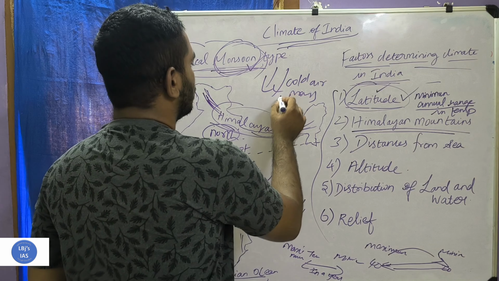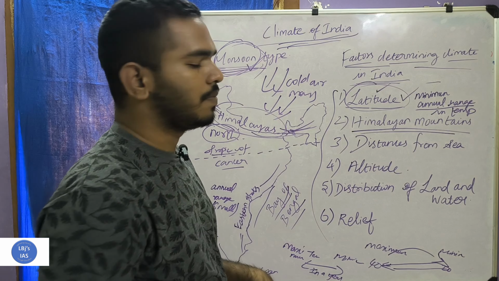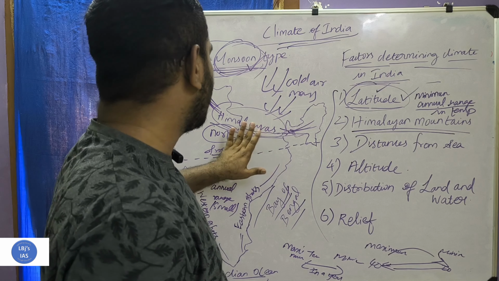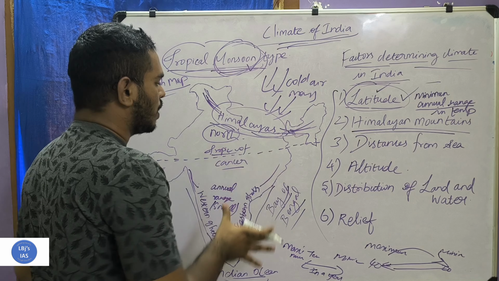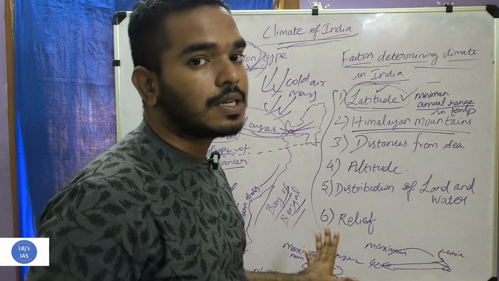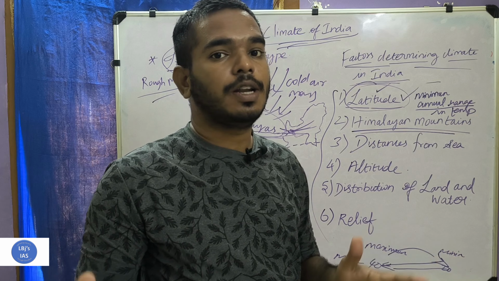Himalayas block this cold air mass. So the region that lies to the south side of the Himalayas does not receive very cold temperature.